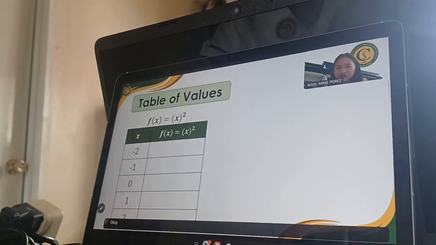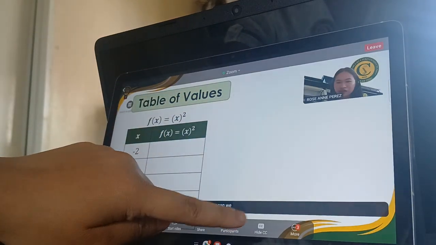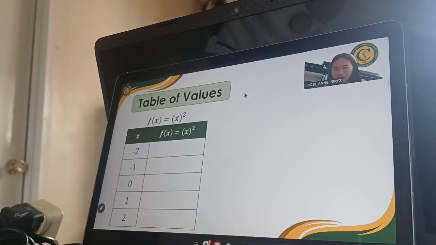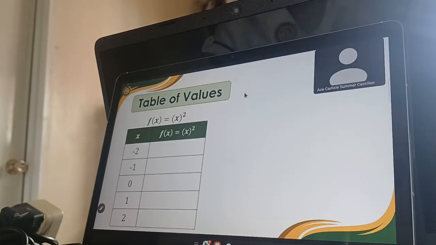Reviewing our previous lessons, when we solve, how can we get our y coordinates or our range? Substitute the x value. Very good.